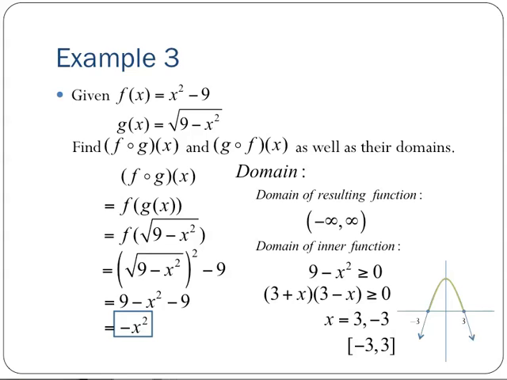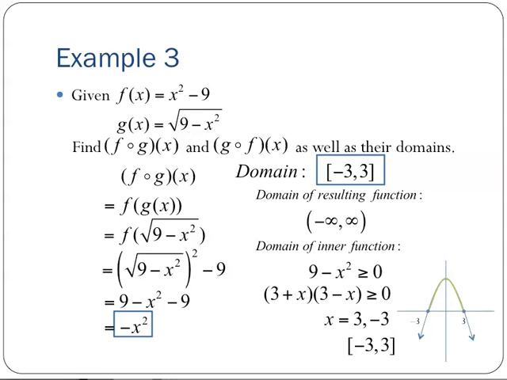Now the domain of the entire function, right, we found the domain of the resulting function, the domain of the inner function, and now we have to combine them, and the most restrictive result is going to be the domain of this composed function. In this case, because the domain of the resulting function is from negative infinity to infinity, not restrictive at all, and the domain of the inner function was much more restrictive, then we take that, negative 3 to 3, and that is going to be the domain of our composed function here.